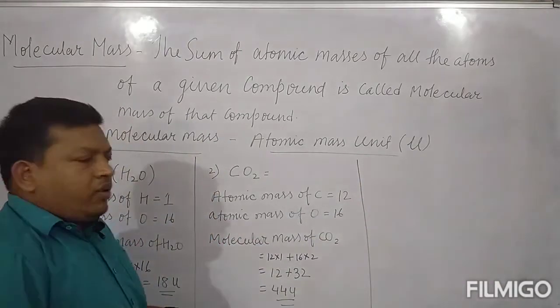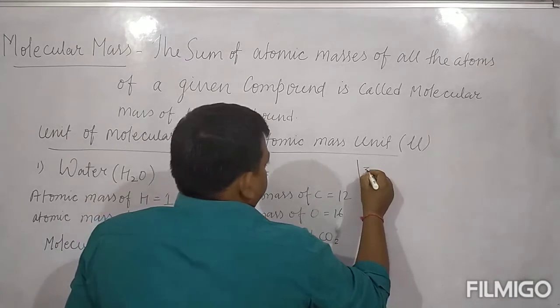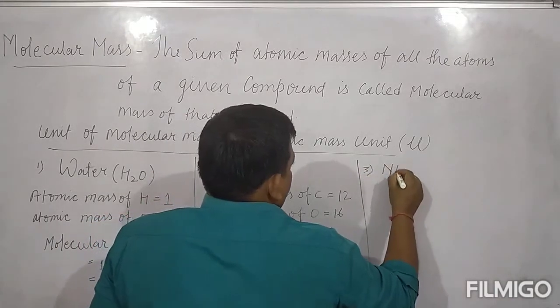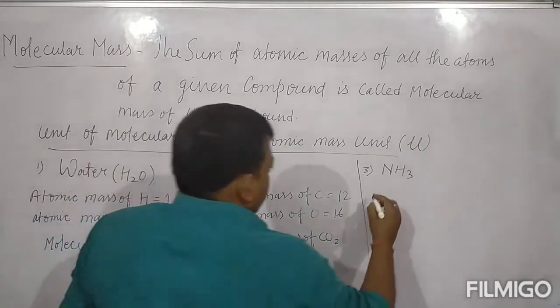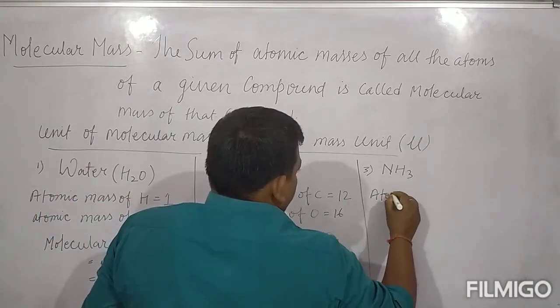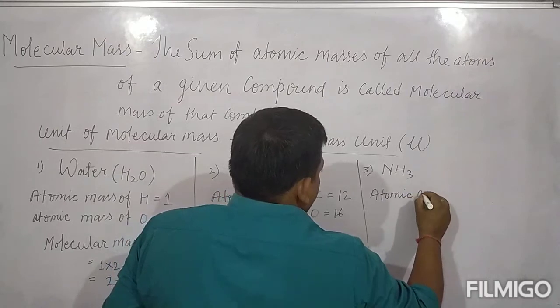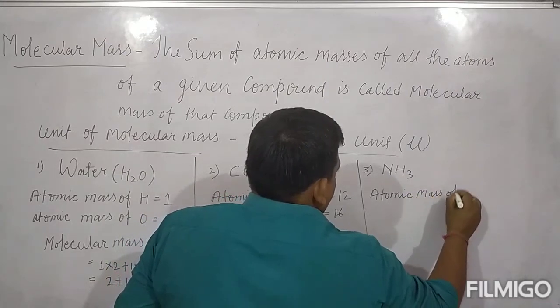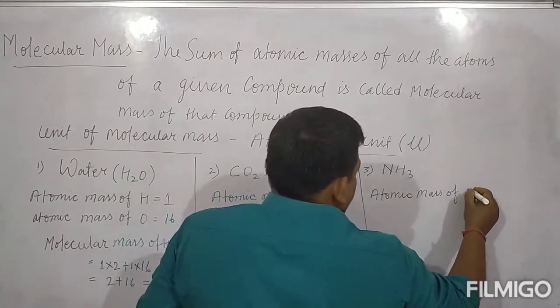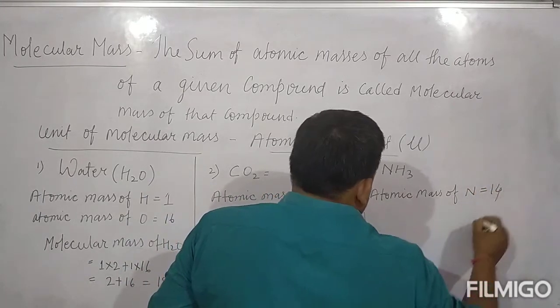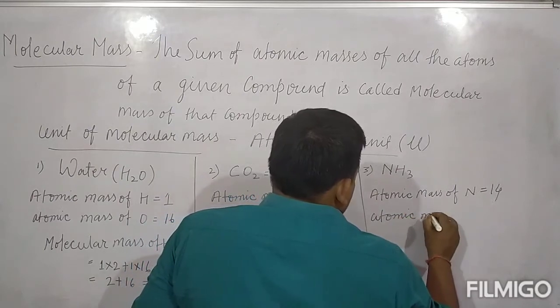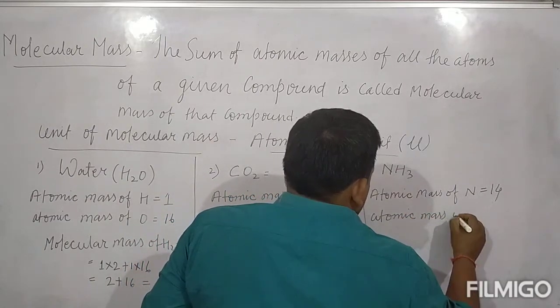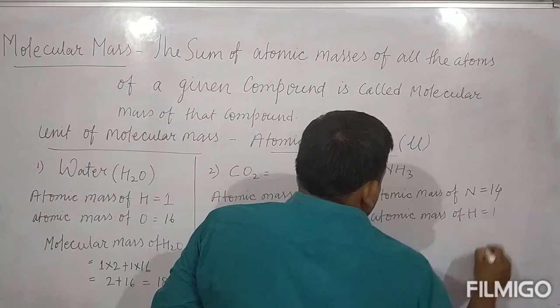Again, the molecular mass of ammonia. NH3 is the formula of ammonia. What will be its molecular mass? The atomic mass of nitrogen is 14, and the atomic mass of hydrogen is 1.